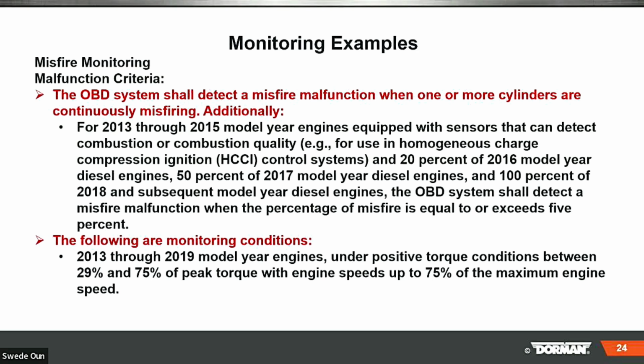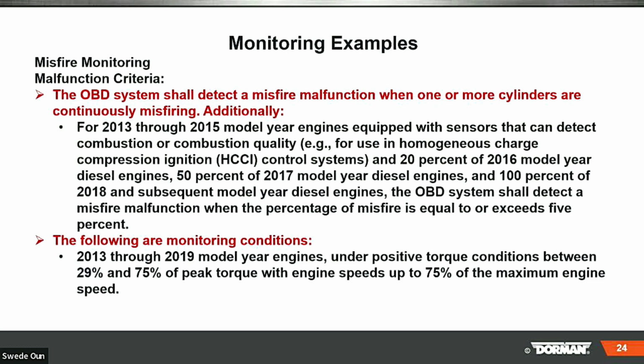The following are monitoring conditions for 2013 through 2019 model years: under positive torque conditions between 2975 of peak torque, with engine speeds of 75 of maximum. So let's stop here for a second. If somebody tells you, this is when I want to monitor this, just think about the positive torque condition between 2975.